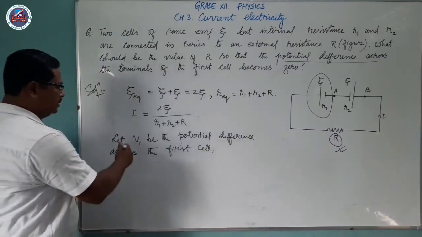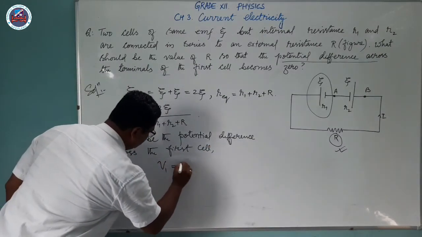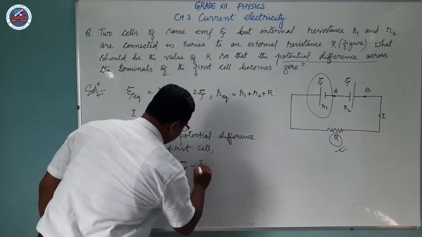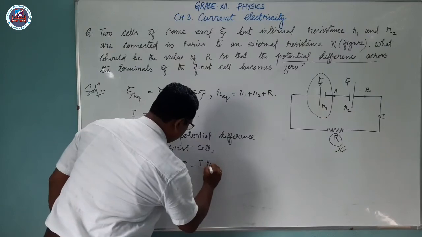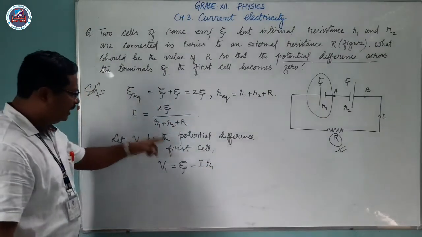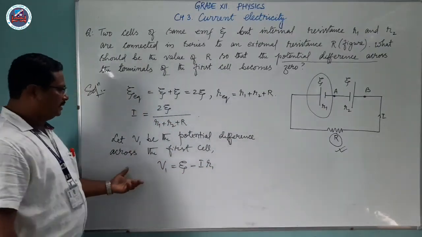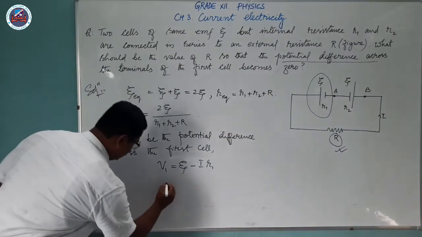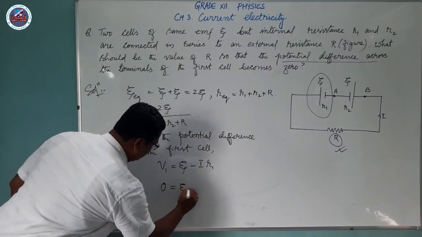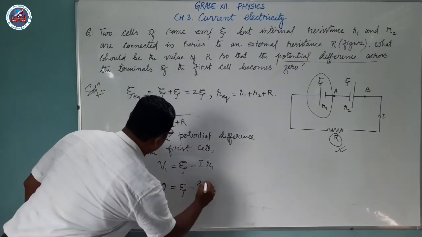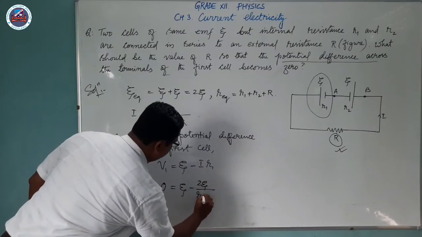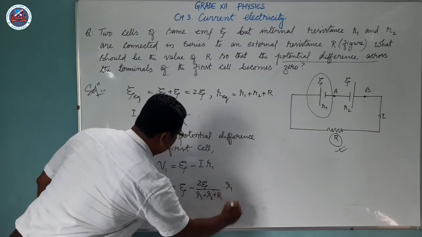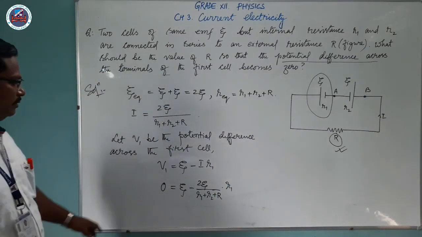Then you can take this relation: V1 is equal to epsilon for the first cell minus I R1. Then you can put the value of I here, and the question says that the potential difference across the cell is 0. So according to the question, 0 is equal to epsilon minus I value, that is, 2 epsilon divided by R1 plus R2 plus R, multiplied by R1. Like this you can write down.